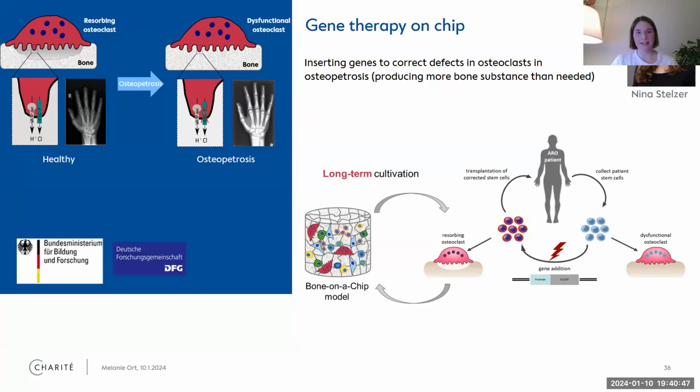And for this, there is an idea for a gene therapy, but of course, this is a very individual disease. So Nina would like to do a safety assessment on the bone chip. So in this case, she would use the iPSCs that I showed before, differentiate the osteoclasts, and put them on the bone chip.